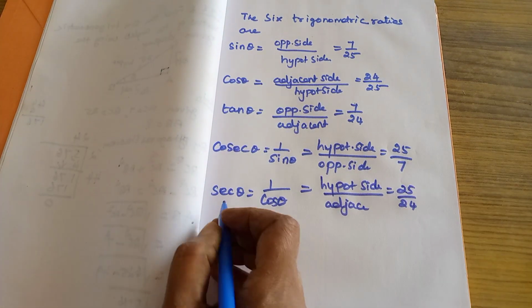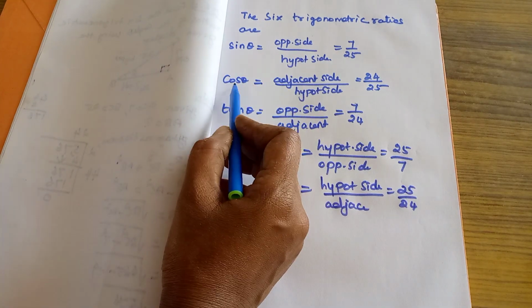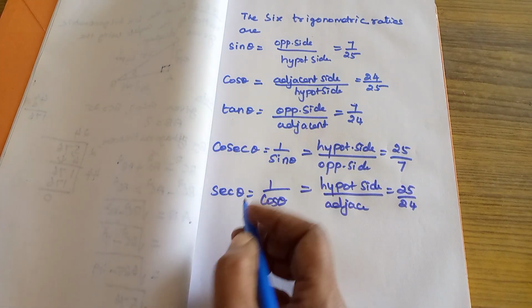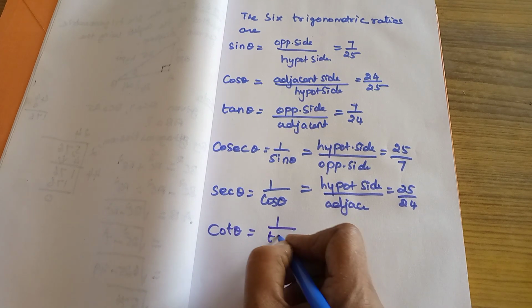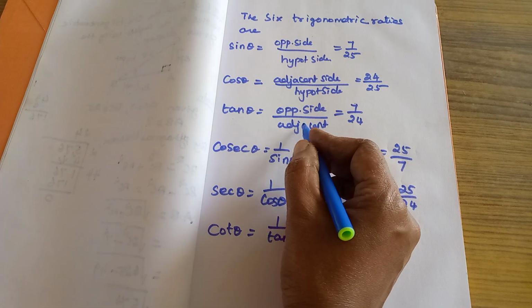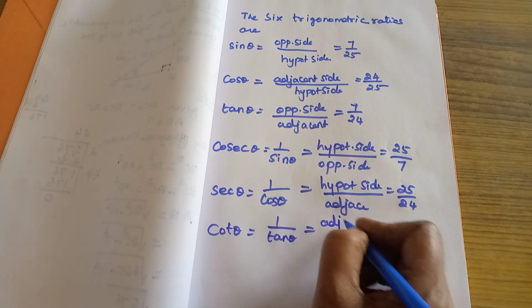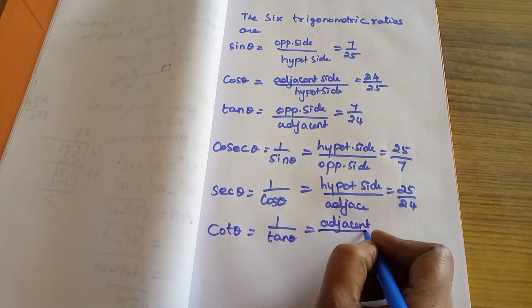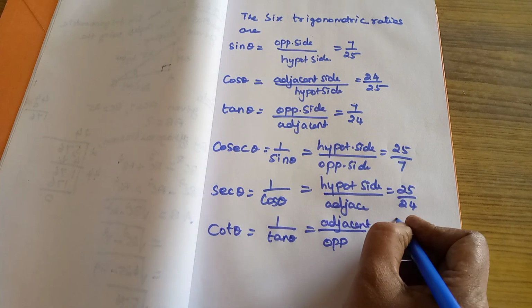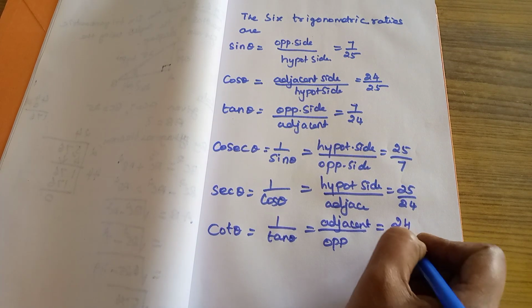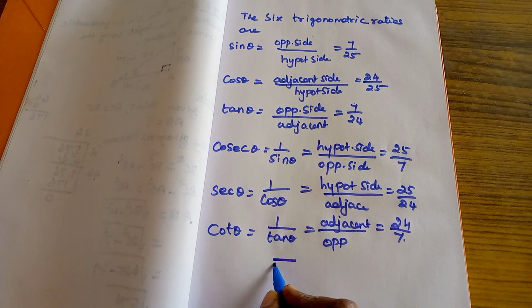Next, the reciprocal of tan, that is cot theta. Cot theta is equal to 1 by tan theta, which is adjacent by opposite, equal to 24 by 7. Understood, students?